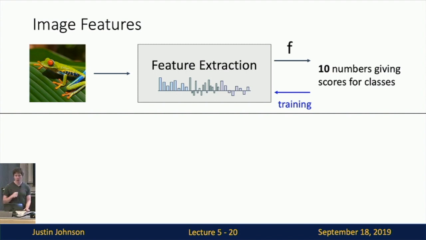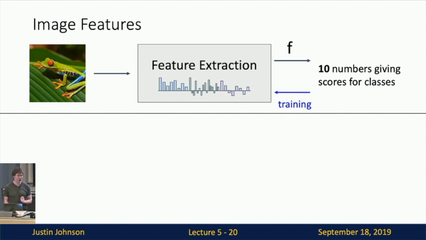Instead, when we learn a linear classifier on top of a fixed feature representation, we end up with a very large, complicated system that goes from raw image pixels all the way to our final classification scores. But only a small part of that system at the very end is actually tuning its weights in response to trying to maximize the classification accuracy of our system.